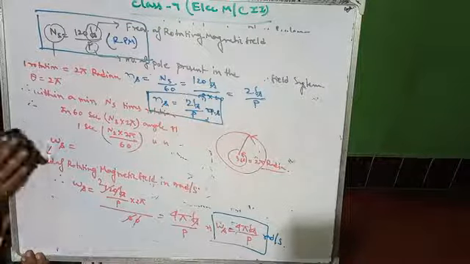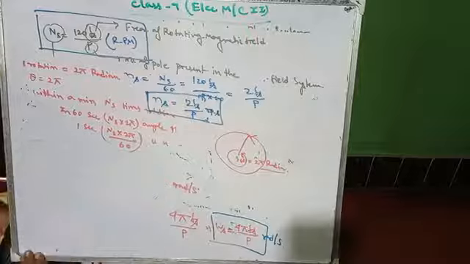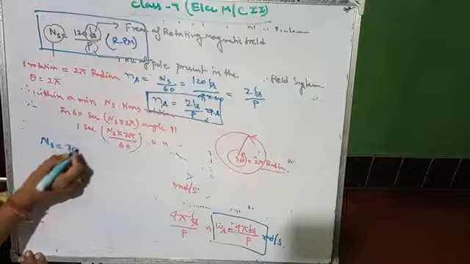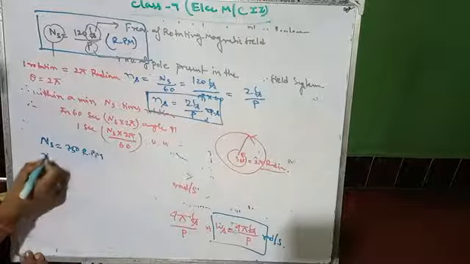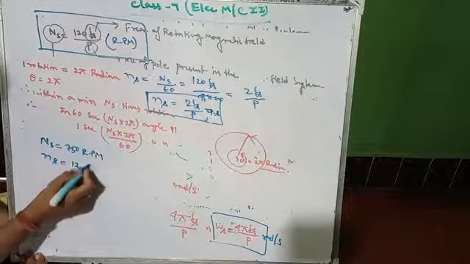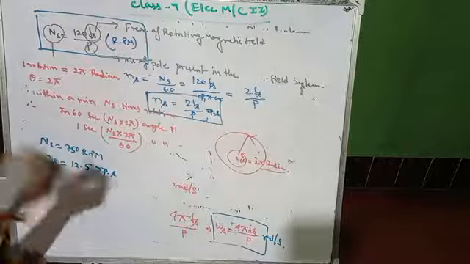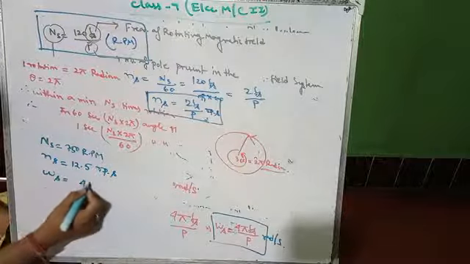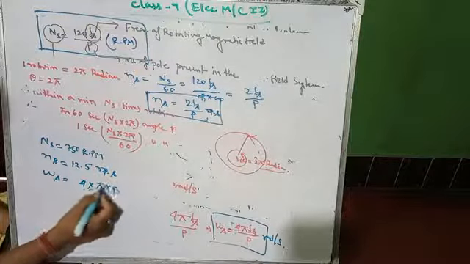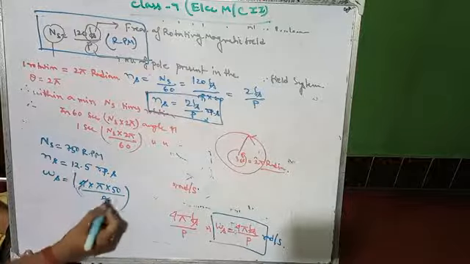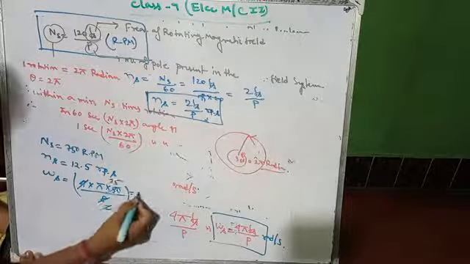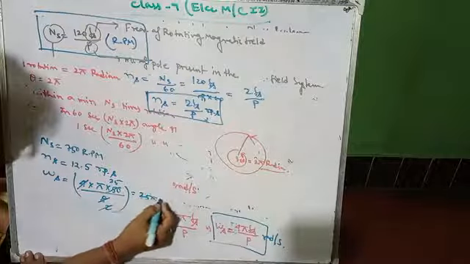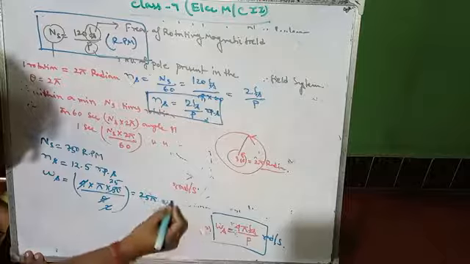For this numerical, your answer was Ns equals 750 rpm, small ns equals 12.5 rps, and omega s equals 4 into pi into 50 by 8, so your answer will be 25 pi rad per second.